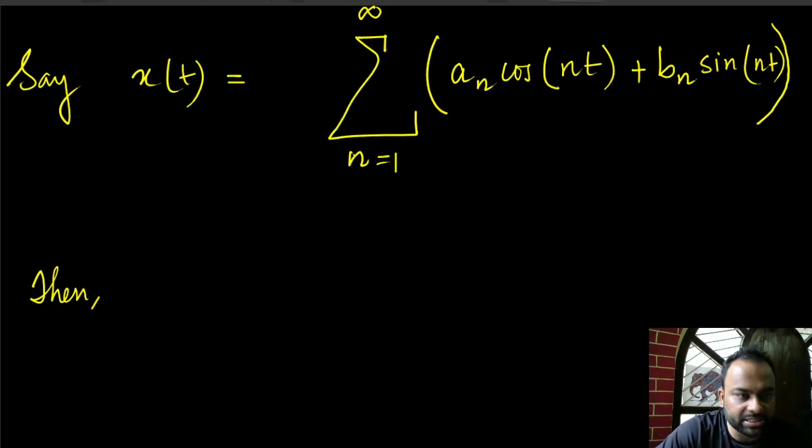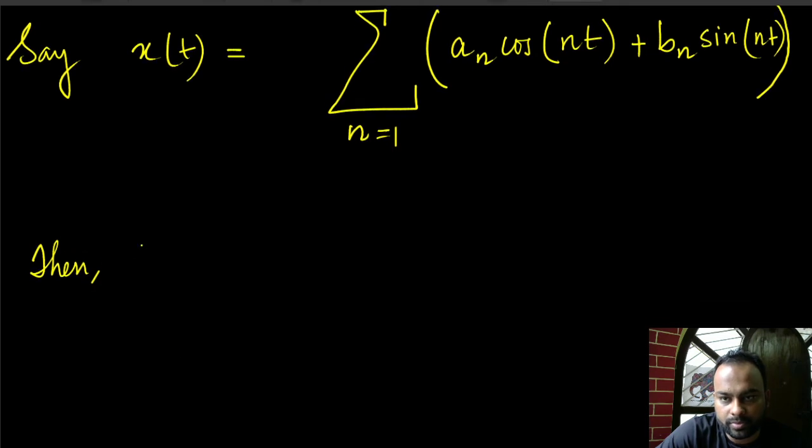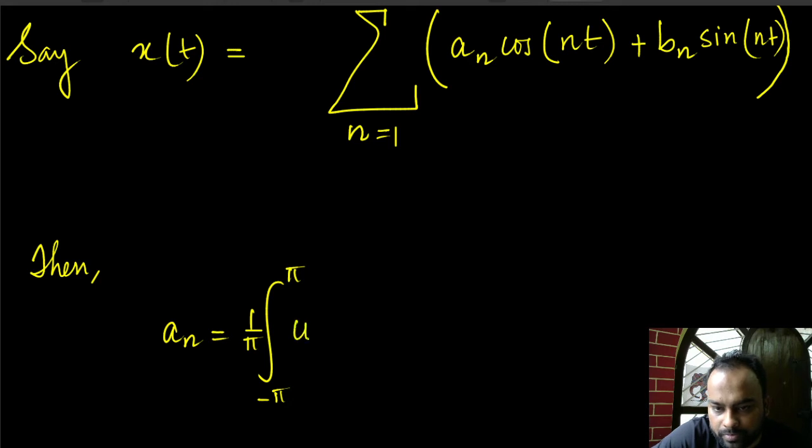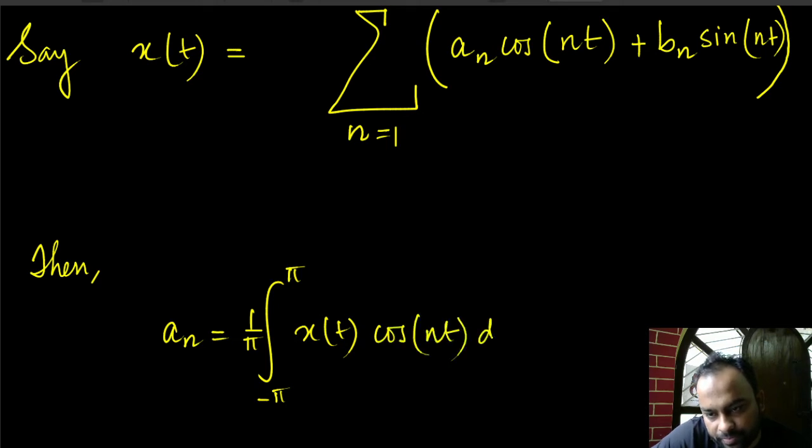Then all these coefficients a1, a2, a3, etc., can be calculated simply as 1 by pi, integration from minus pi to pi, x(t) cos nt dt, where n varies from 1 to 3 and so on. We just discovered that.